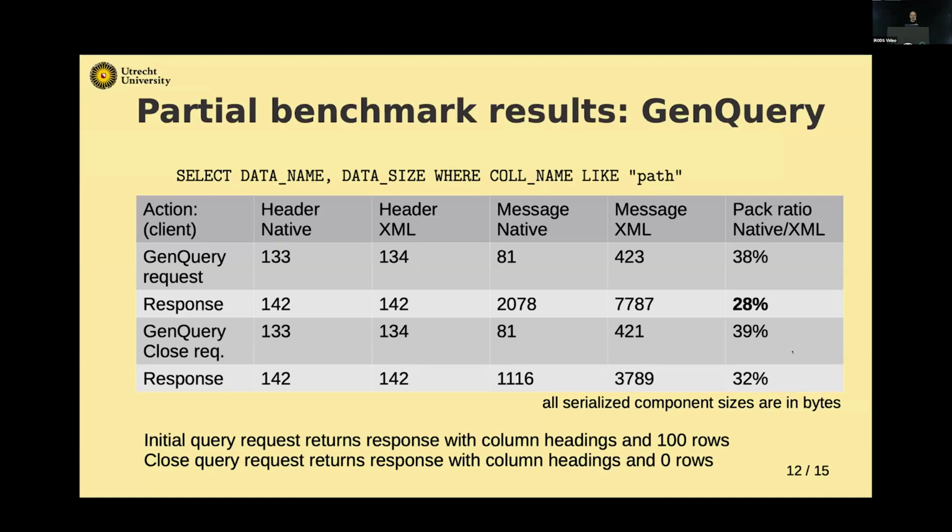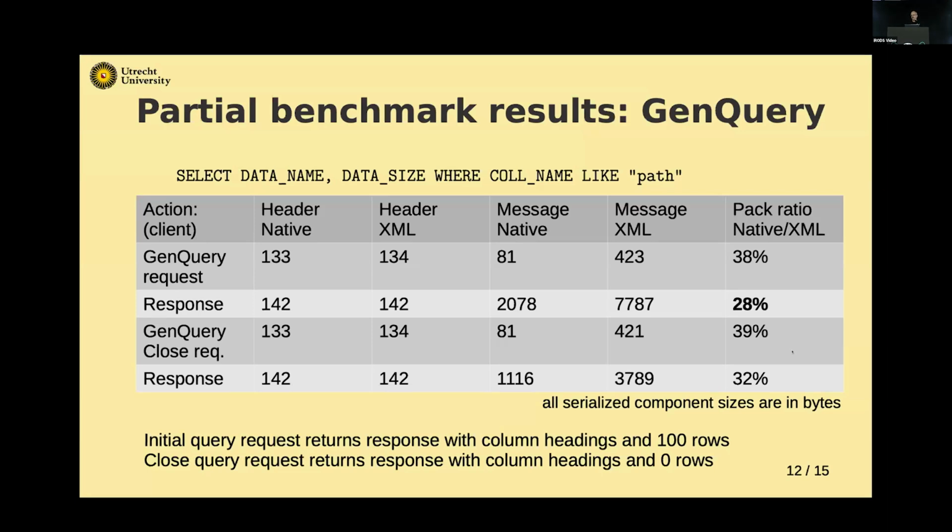So in terms of the general query, you see that the header components are almost the same. There's hardly any gain because the headers are always XML formatted, regardless of the protocol used. But then the message itself, the native protocol will pack it into 28% of the size that the XML protocol will. That's a lot. It's like the XML takes 4 times more space.